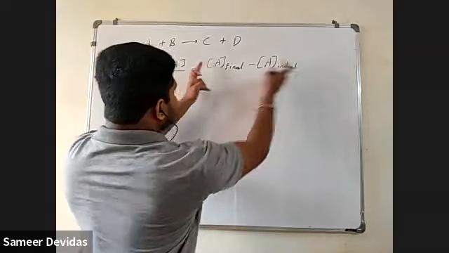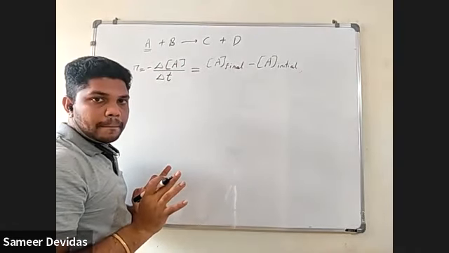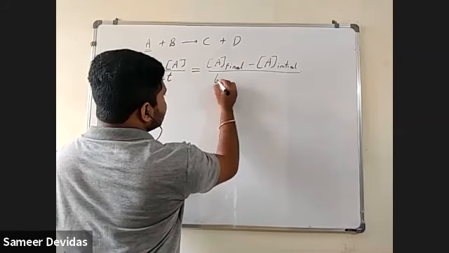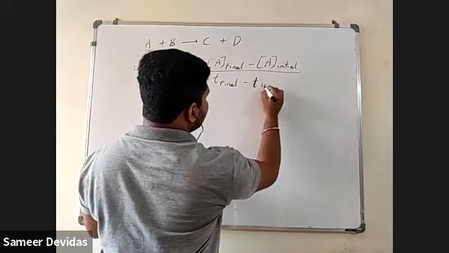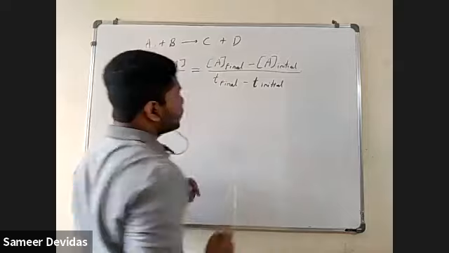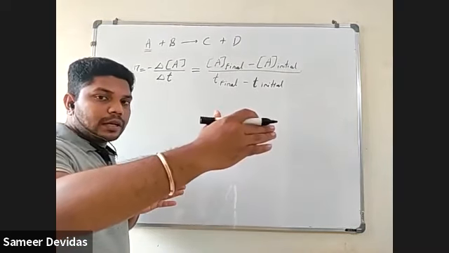Rather than writing like this, we are writing delta A. Same way, it is T final minus T initial. Final time means the time after the completion of the reaction.